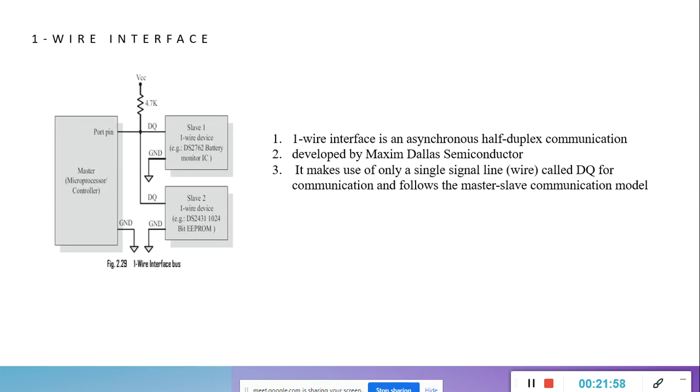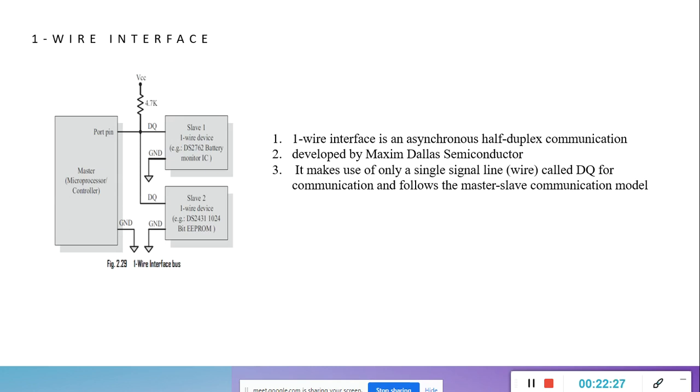So one more last concept from your syllabus, that is one wire. One wire is again an asynchronous half duplex communication protocol, which was developed by Maxim Dallas Semiconductor, and it is also known as the Dallas one wire protocol.